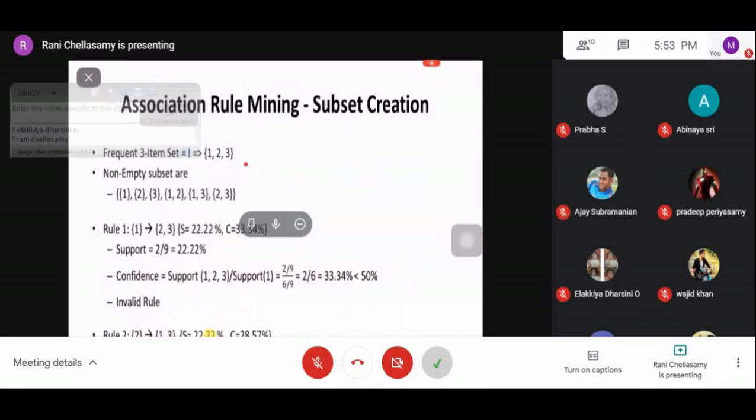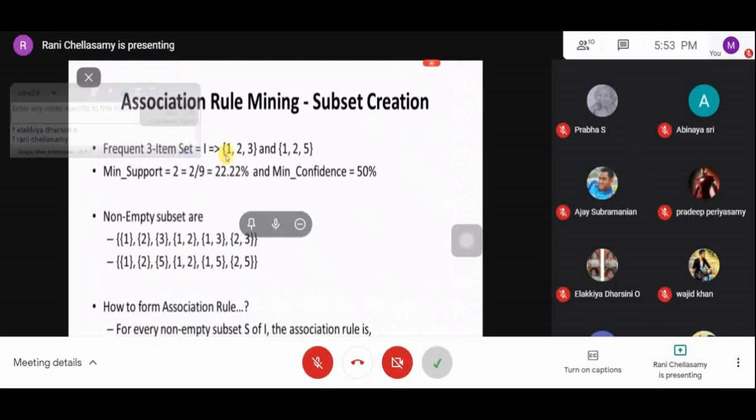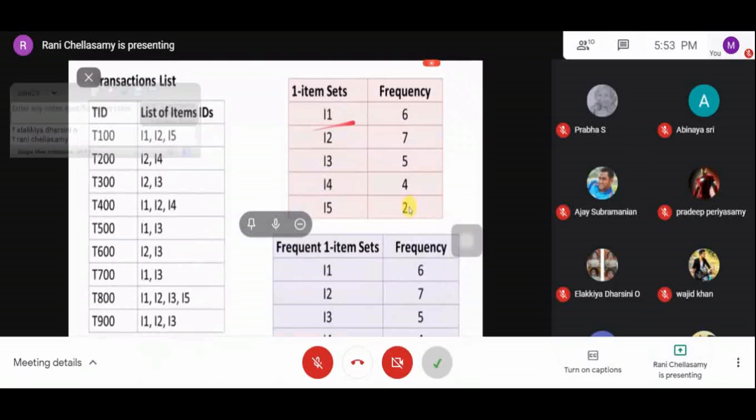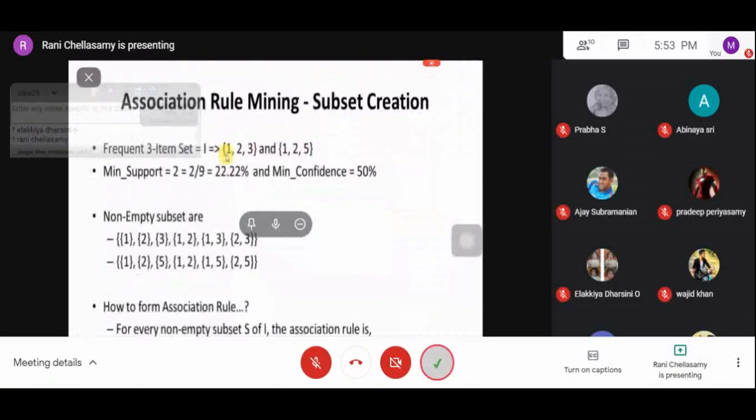Now find the confidence part. How will you calculate the confidence? Support of 1, 2, 3 divided by support of 1. We calculated 1, 2, 3 as 2 by 9. What is the support of 1? Go to the tabulation and find the frequency of the 1 item set; the frequency count is 6. So 6 by 9.